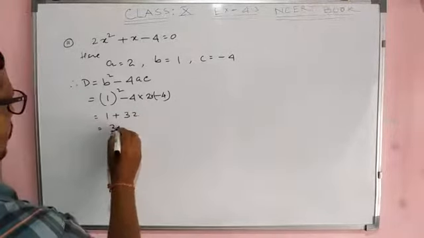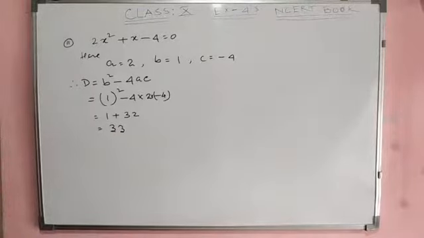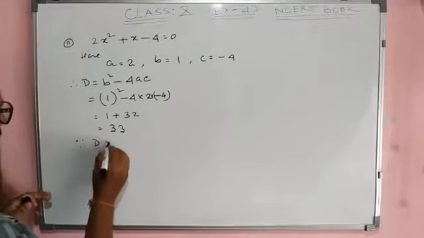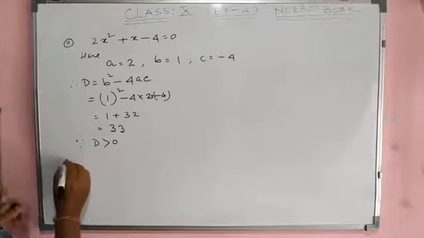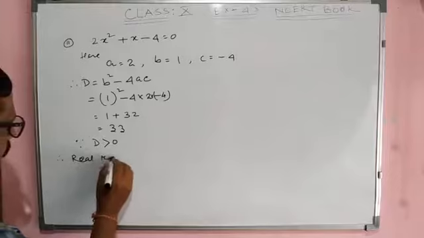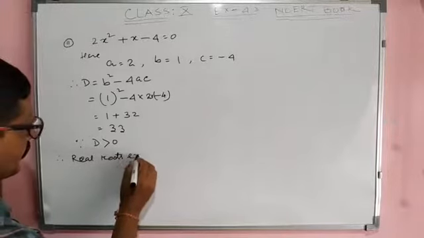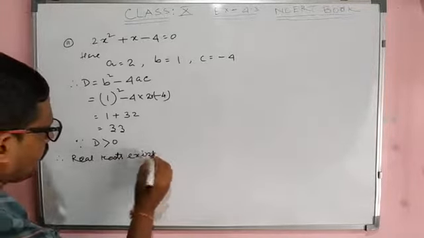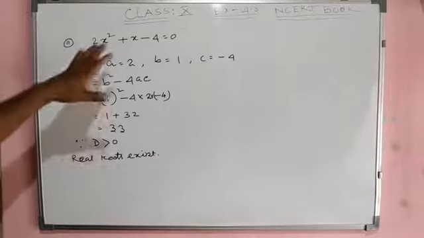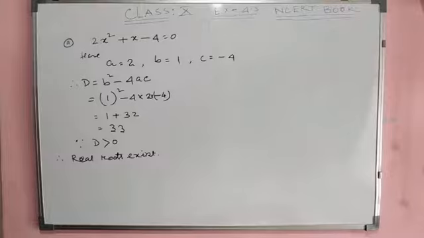So it will be 33. So the discriminant is positive. Since D is greater than 0, therefore real roots exist. Now we have to apply the completing square method.